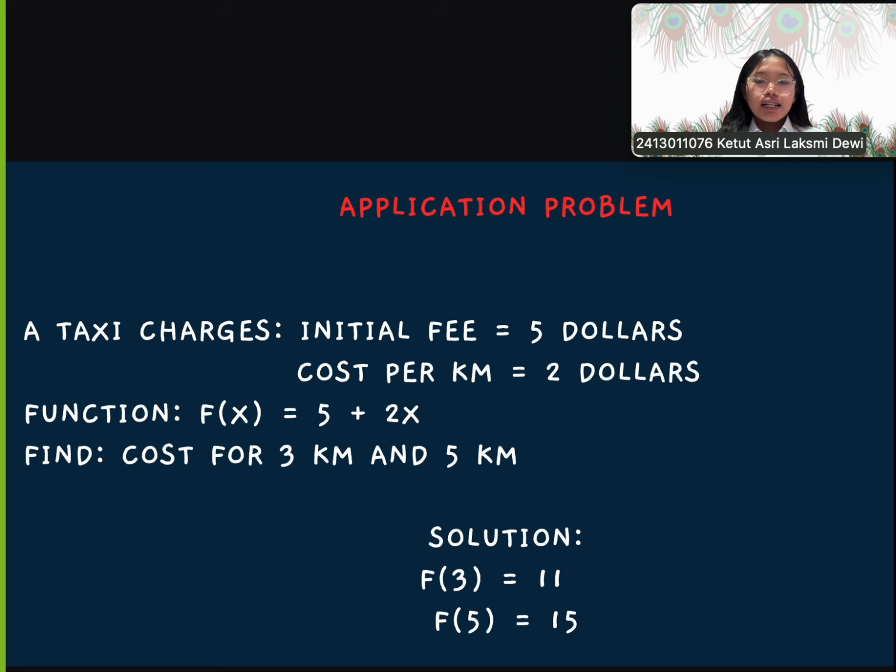To find the cost for 3 kilometers, we substitute x equals 3. So, f of 3 equals $11. For 5 kilometers, f of 5 equals $15. This shows how a function can be used to calculate real-world cost.